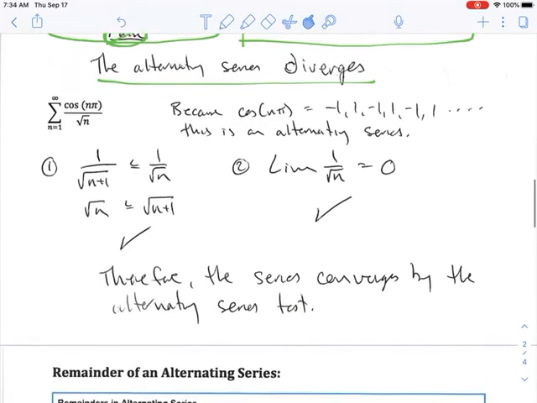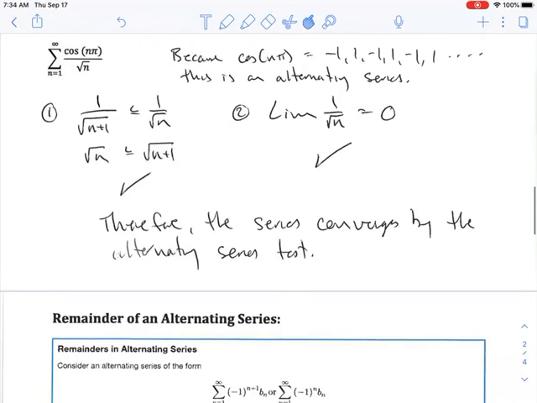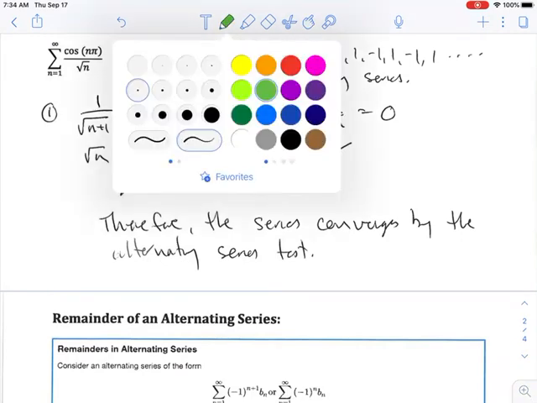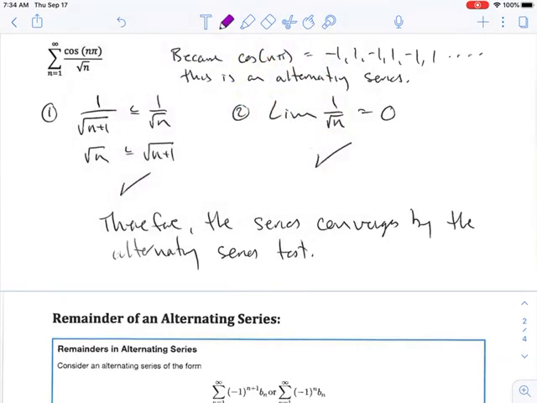Okay, and another example. So we know that cosine of n pi, so in other words, cosine of pi, cosine of 2 pi, cosine of 3 pi, cosine of 4 pi, is an alternating series because it alternates between negative 1 and 1. All right? So the values of the cosine of n pi are constantly fluctuating between negative 1 and 1.